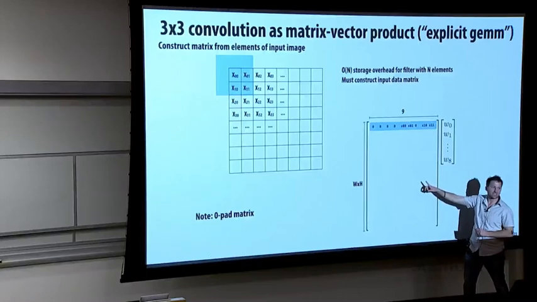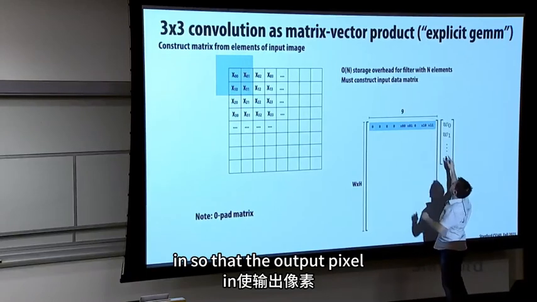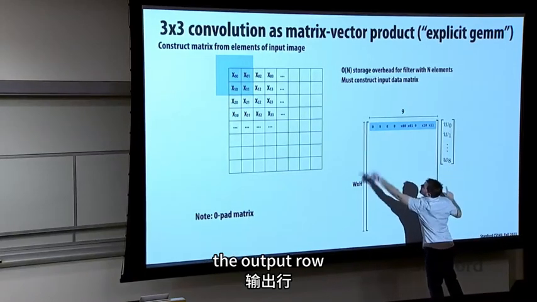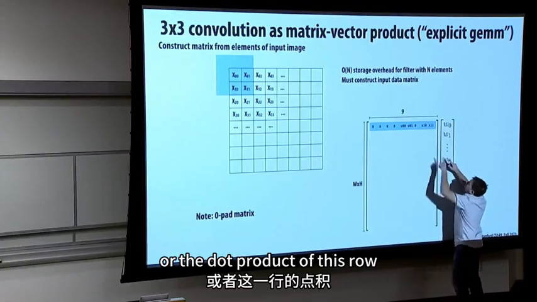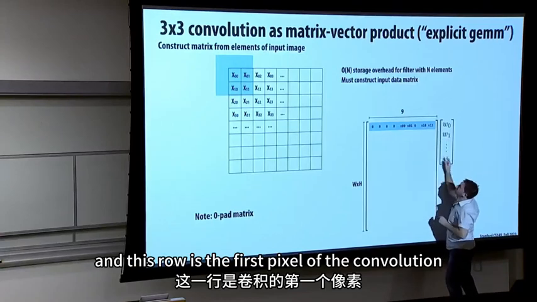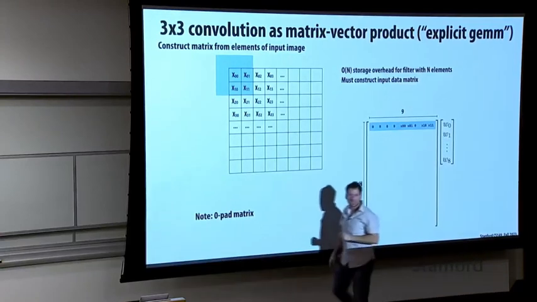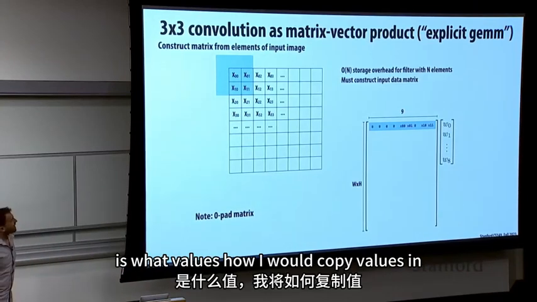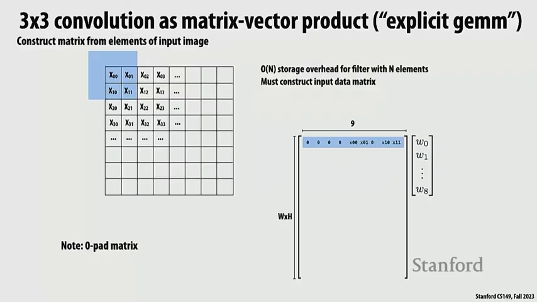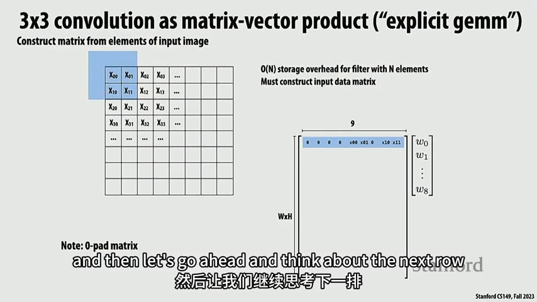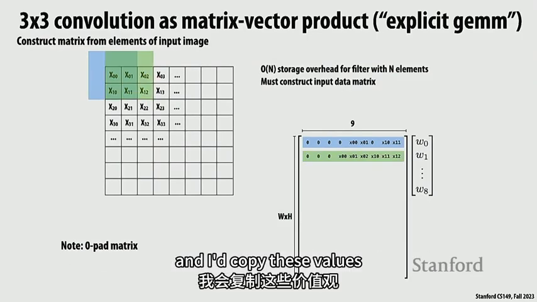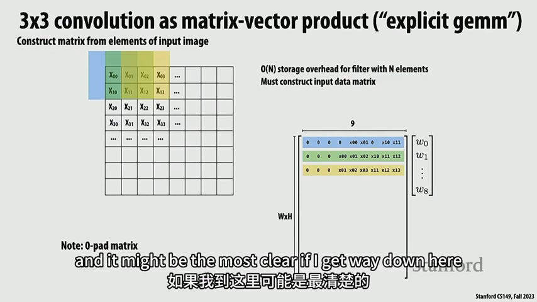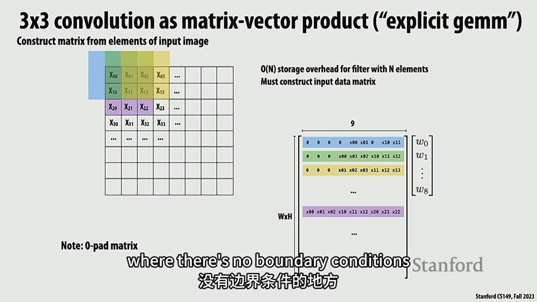Can you see that? I'm just going to copy data in so that the dot product of this row and this column is the first pixel of the convolution. What I'm showing you on the slide is how I would copy values in. Then let's think about the next row, and I'd copy these values. It might be most clear if I go way down here where there are no boundary conditions.